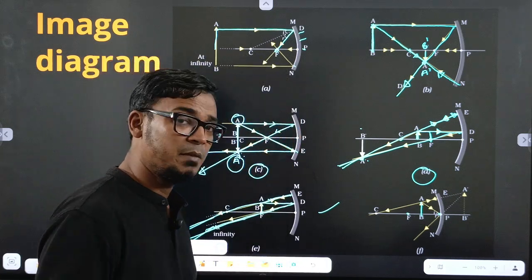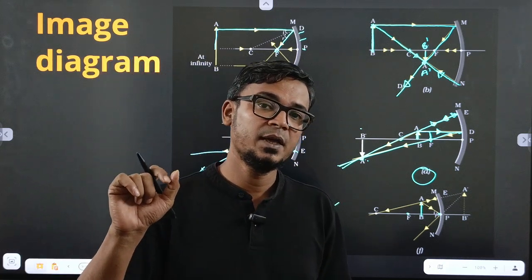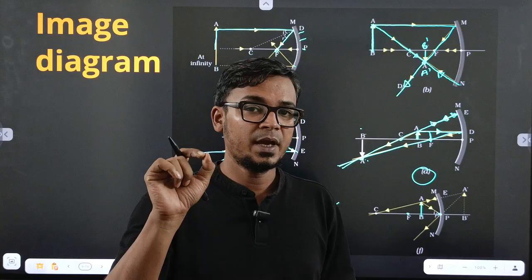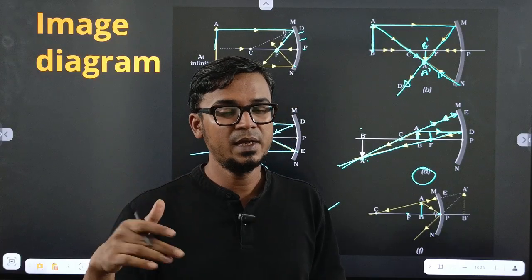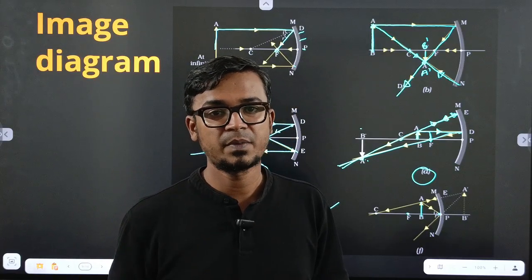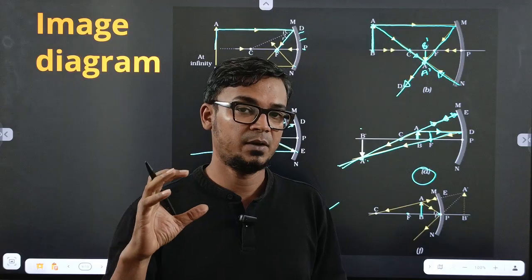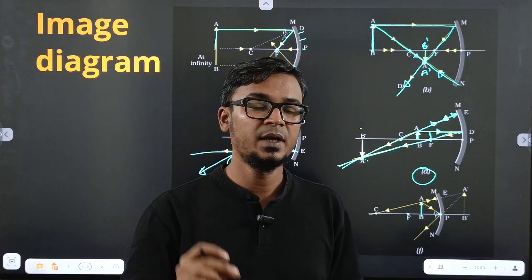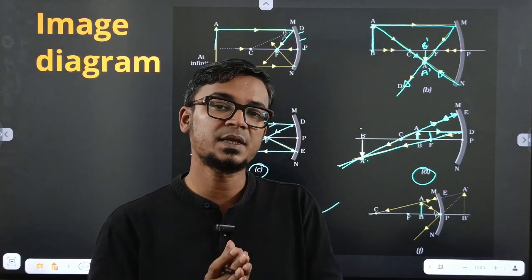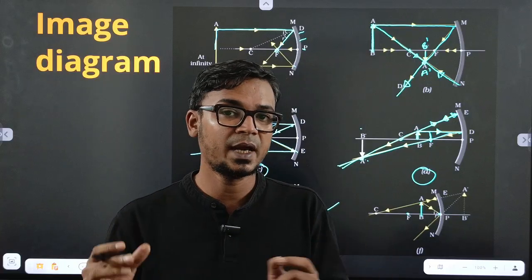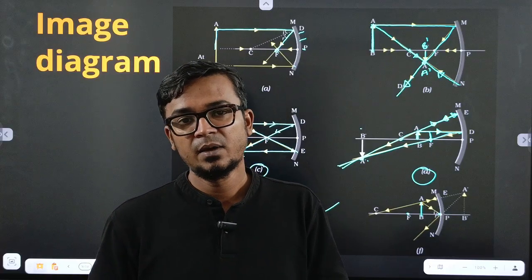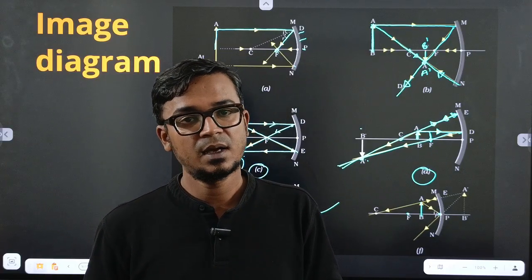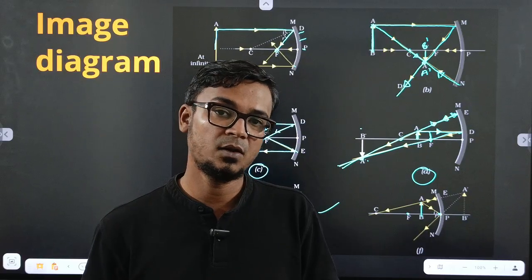So the important question is, if anybody asks how you can get a virtual image by using a concave mirror, the answer is: if you place the object between the focal point and the pole, you can easily get a virtual image of an object.